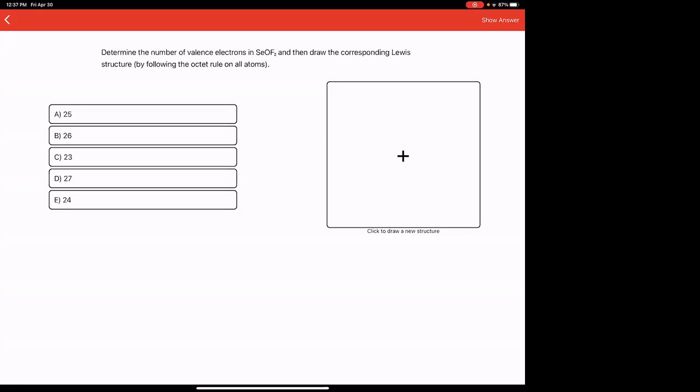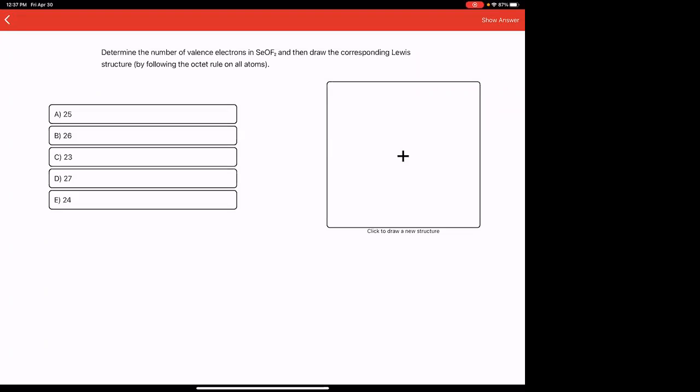Fluorine is 7. Twice 7 is 14, and we had to add 12 to that. Doing this in my head. So that's 26. Like I said, I can't write it down. So we got 26 valence electrons to play with.